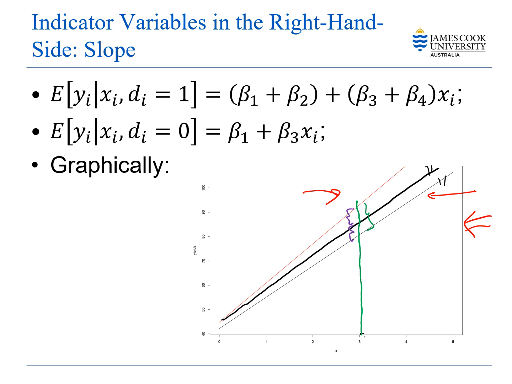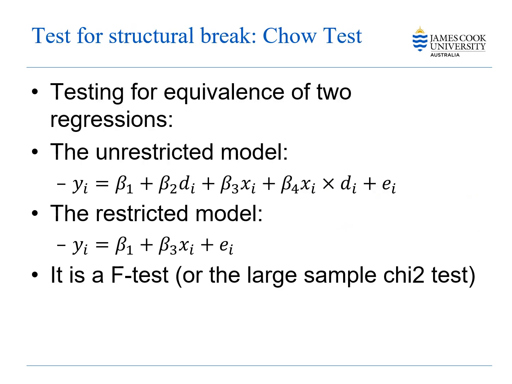Essentially, when we have the intercept and its interaction terms, we are running a regression over these two groups. For DI equal to 1, we run one regression, and for DI equal to 0, we run another regression.